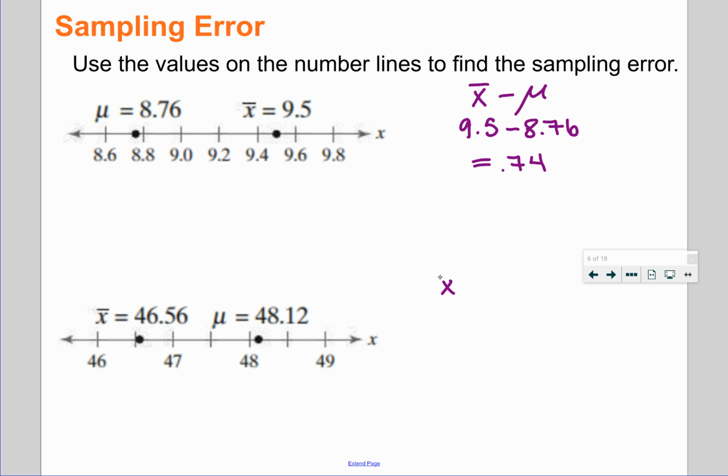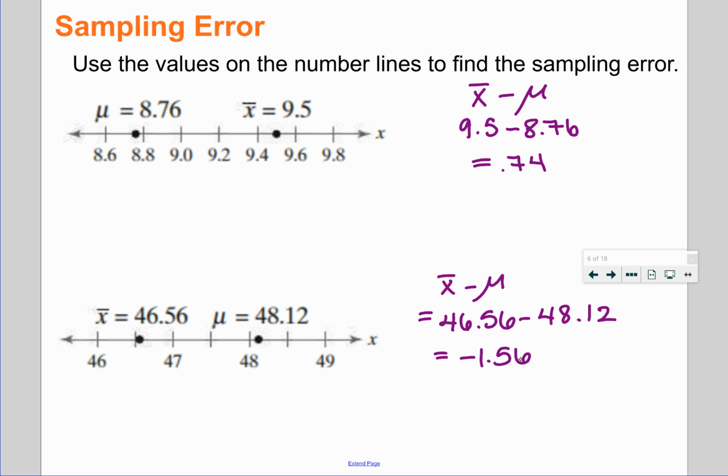For the one at the bottom, x bar minus mu. This time it's 46.56 minus 48.14. And again, we subtract. Negative 1.56 is the sampling error.